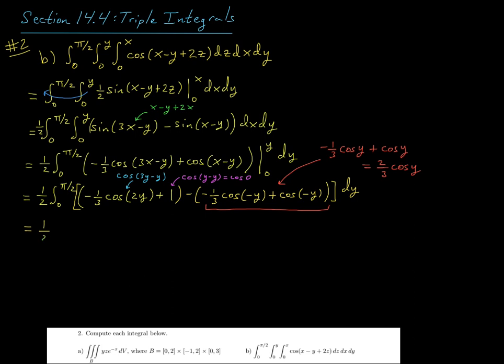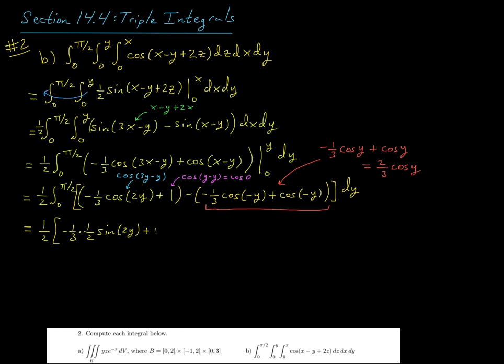So plugging away, now we have 1/2, and we're going to integrate with respect to y. We're going to have minus 1/3 times what? Well, we're going to integrate the cos of 2y, and so that's going to be the sine of 2y, and then we have to divide by 2 from the chain rule. So that's going to be 1/2 sine of 2y, so we get a minus 1/6 out front there.